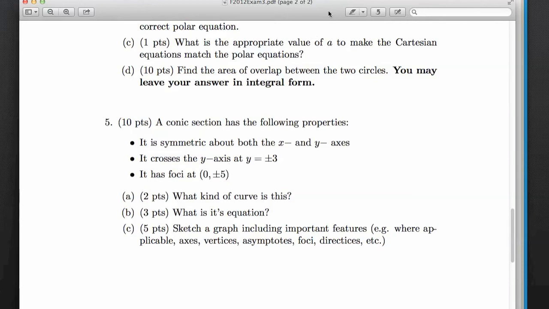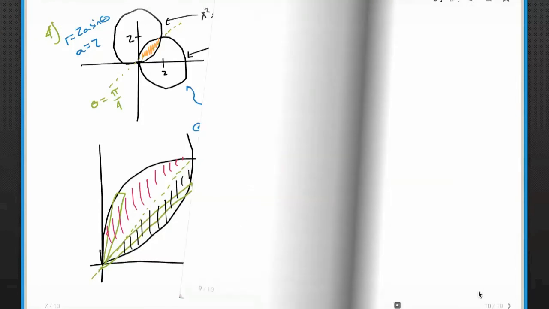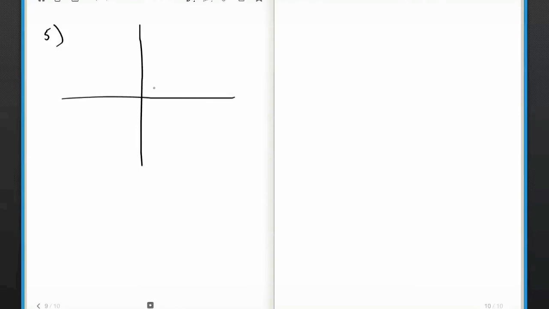So let's draw a quick sketch of that and see what we can get from it. And this is number 5. Do this on a new page. So we've got this thing here and this thing here, and we know it crosses at 3. So I've got some intercepts there and intercepts there.